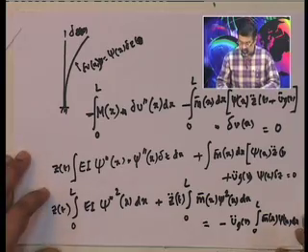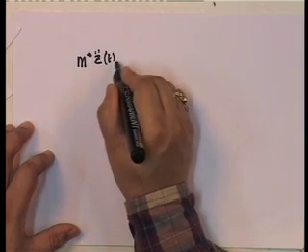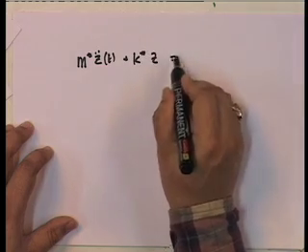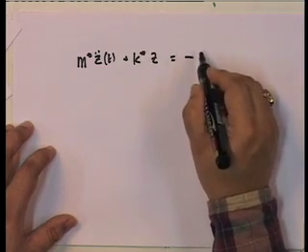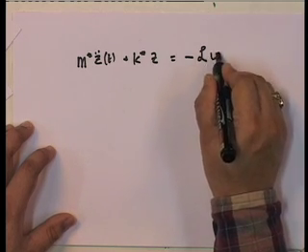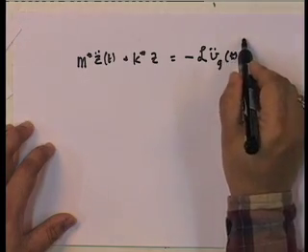So, this becomes the equation, and I am going to rewrite it in the following form: m star z double dot plus k star z is equal to minus L into Vg double dot of t.